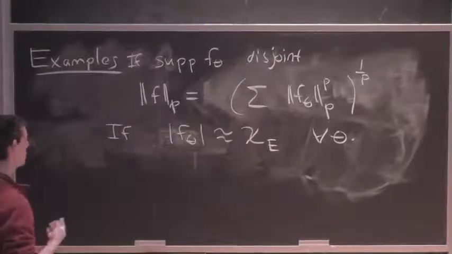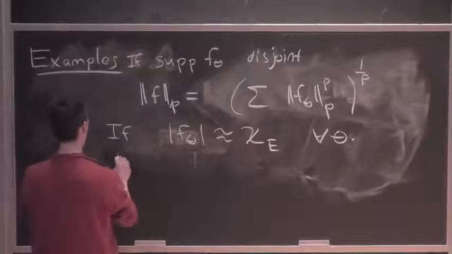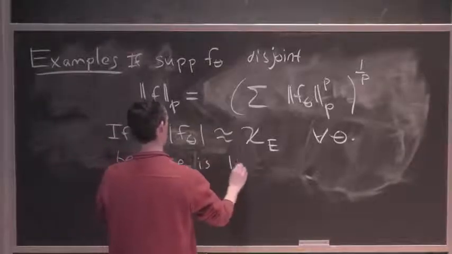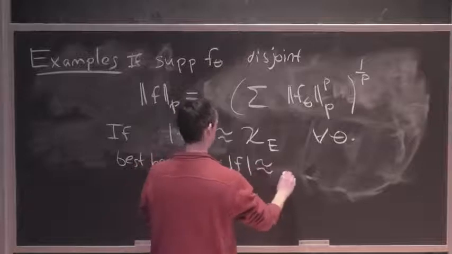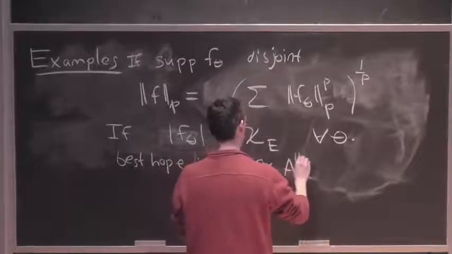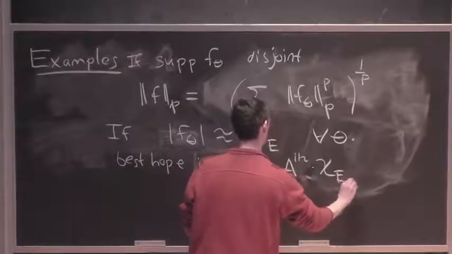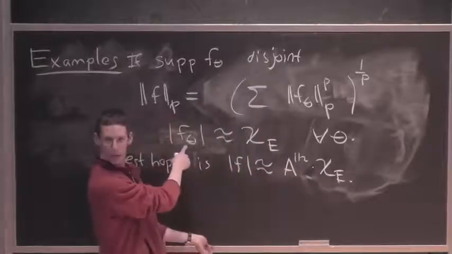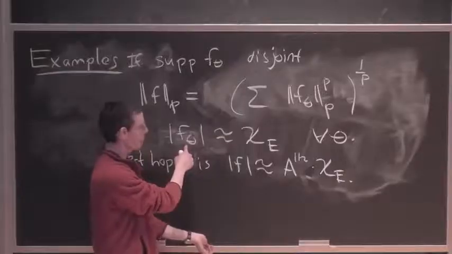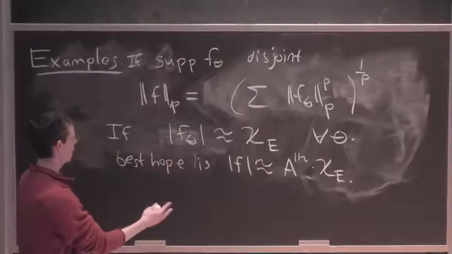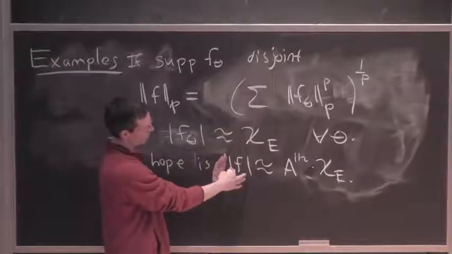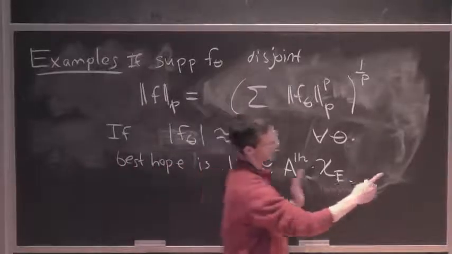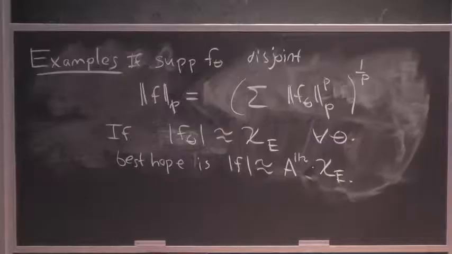And then the best you could hope for is that the norm of f is around a to the 1/2 on E, around square root cancellation, where a, remember, is the number of different thetas. This is the best you could hope for. And in this case, you would see that all of the LP norms of f go like the right-hand side.